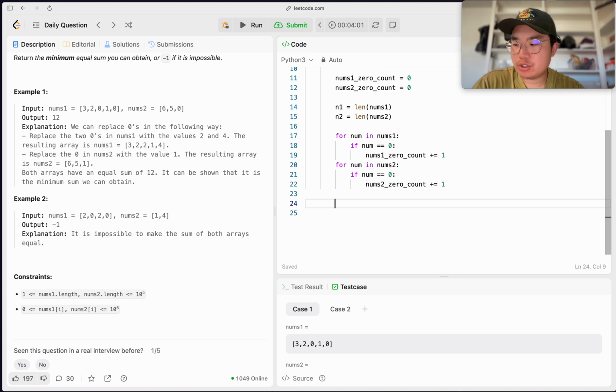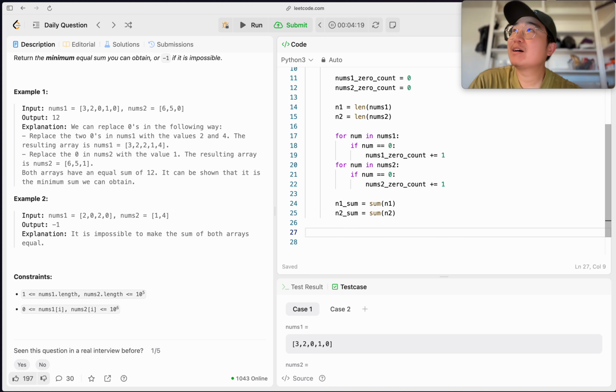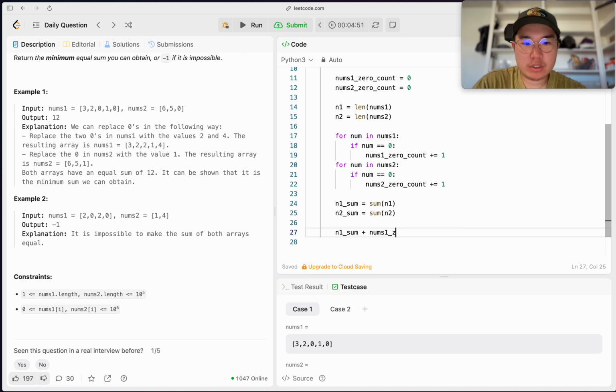And then we could also do n1 sum is the sum of nums1, and n2 sum is the sum of nums2. So n1 sum is going to be the sum of this, but then we want to add those minimum things that we changed to a 1, so plus nums1 zero count.